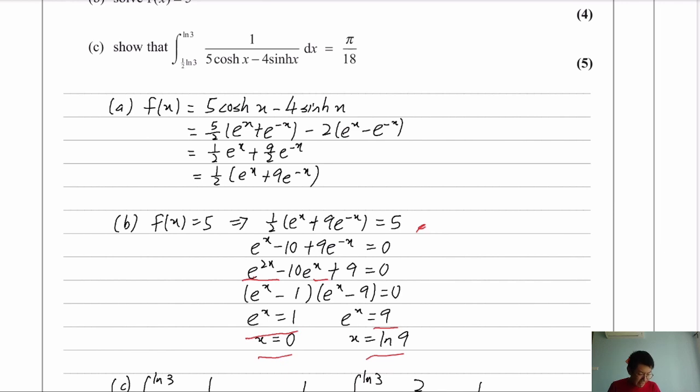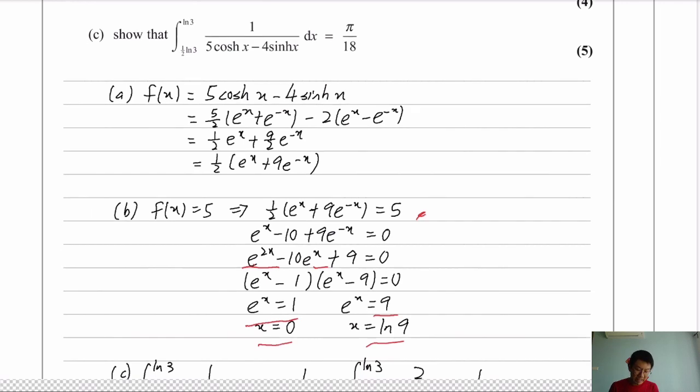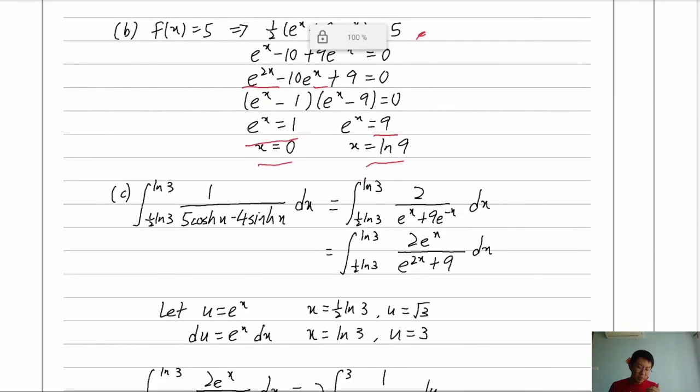Part C, show that this integral from half ln 3 to ln 3 is equal to pi over 18. Let's see how we do that. In our denominator, we already know is f(x). There's a reason they ask us to express it in the exponent form, so we can rearrange it.